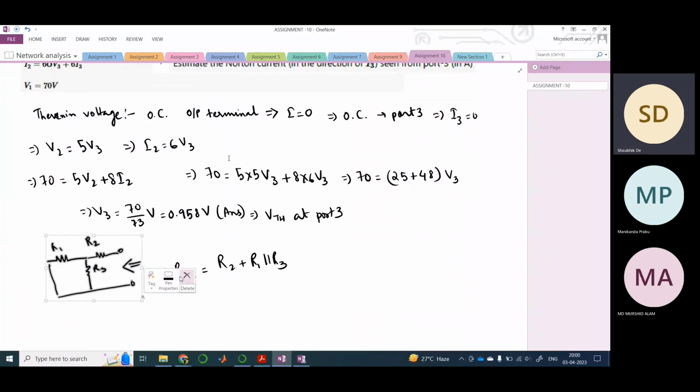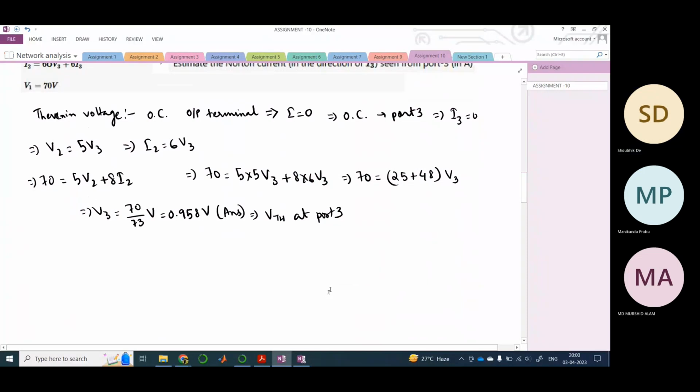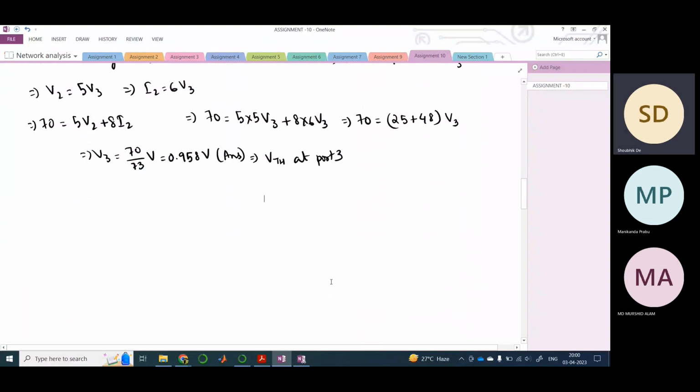That doesn't mean that we can't solve the problem. There is an alternative way, which we also saw. We can represent RTH as VTH by ISC, where ISC is the Norton's short circuit current.